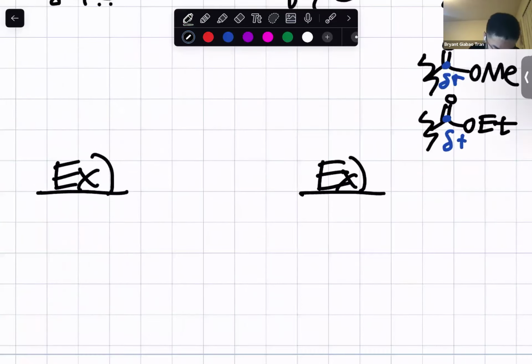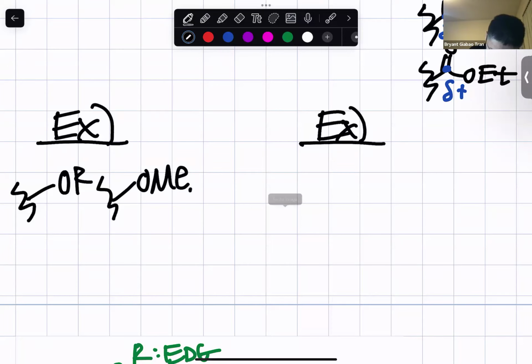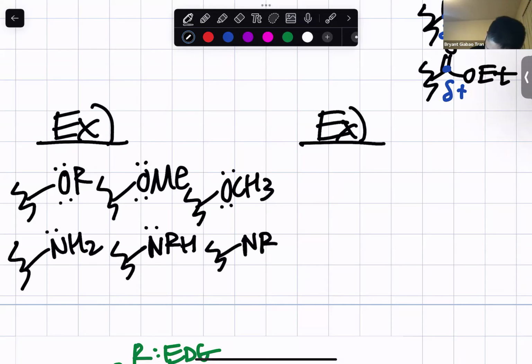Let's see. For EDG, you could see OR, which is like OMe, OCH3, because we know that the oxygen atom is partially negative and has at least one lone pair of electrons. You could also see NH2, NRH, NR2.